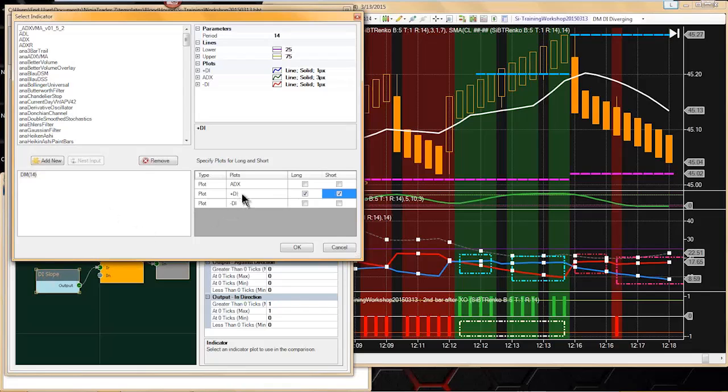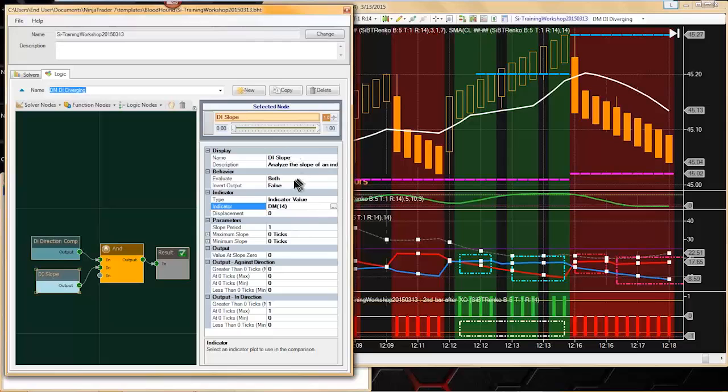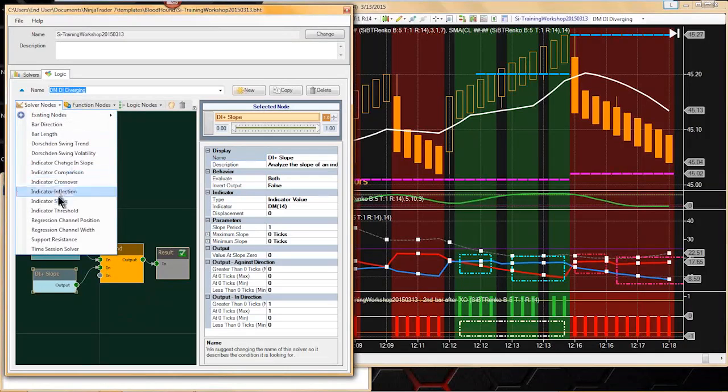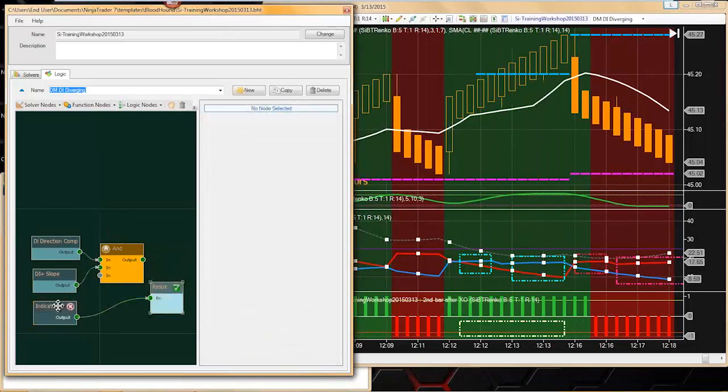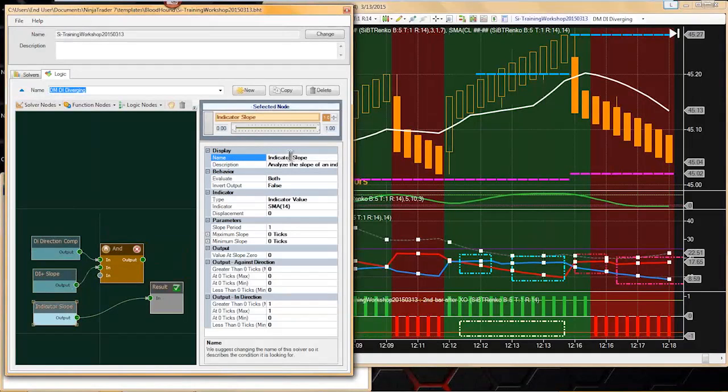This slope solver is going to be looking at the DI plus only, so let me put that name back to DI plus. And I'm going to have to use another slope solver, and we'll look at the DI minus on this one.